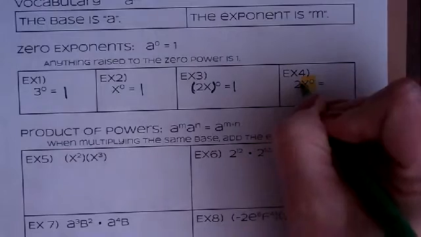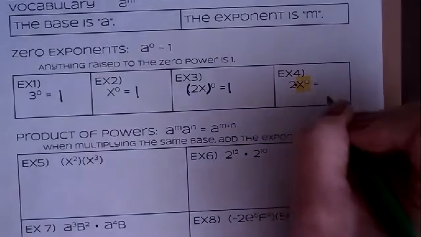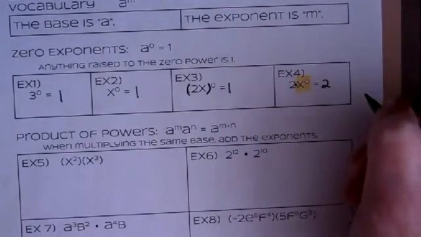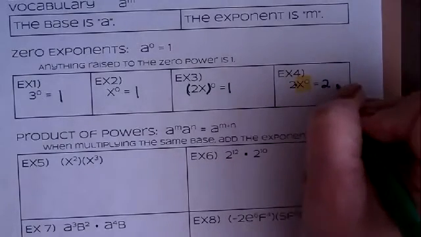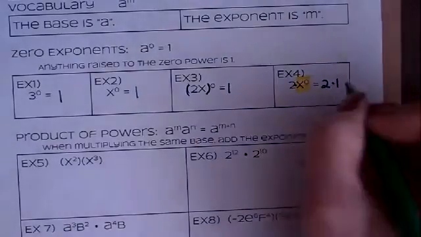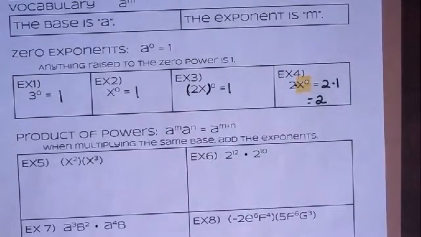Now, think about this for just a second. That's 2 times x, right? 2 times x to the 0 power. So what that means is I'm going to keep that 2, but now my x to the 0 power is really 1, which means then that whole expression actually comes out to be 2.